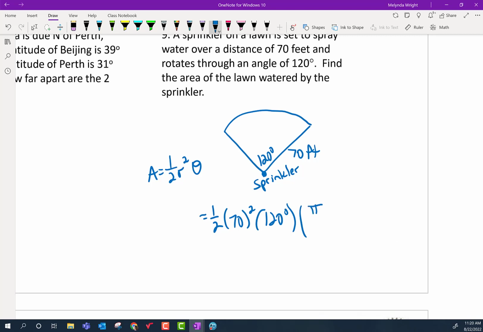It's pi over 180, because we want to get into radians. So I'm not going to pull the calculator up to show you, but you would just type all that in just like that. And that's going to give you that the area of your lawn that you're watering is going to be 5131.268 feet squared.